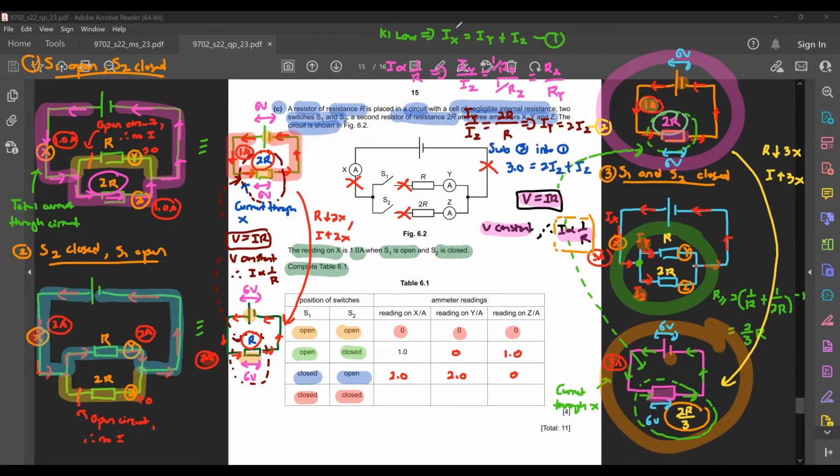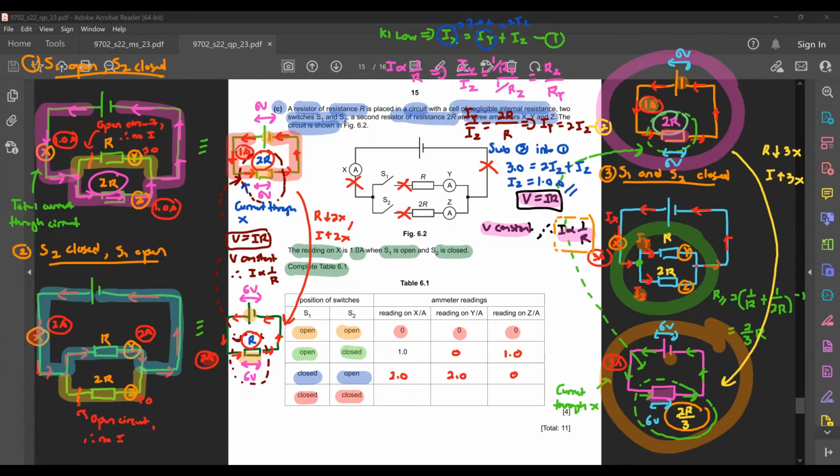IX we already know is 3.0 amps. Then IY is equal to 2IZ, which we already established just now. So your resulting expression will be what you see on the screen here. So IZ eventually will become 1.0 amps. Okay, so this is one answer here.